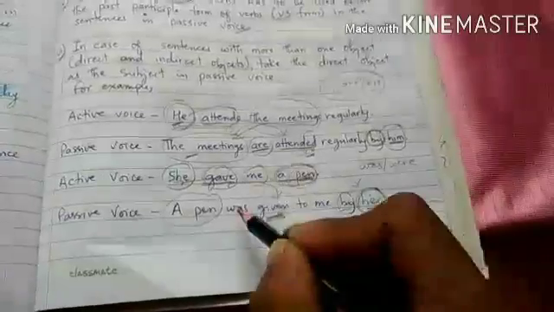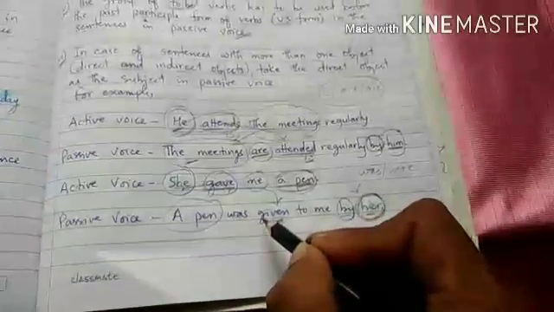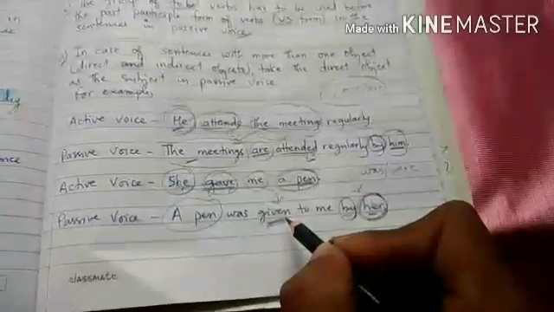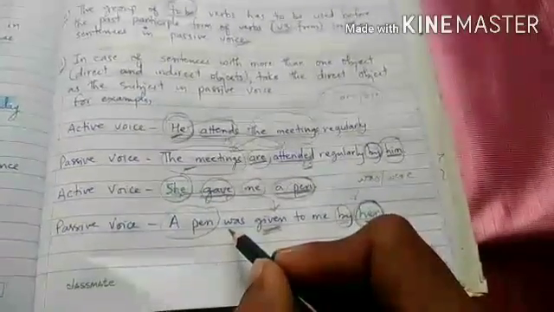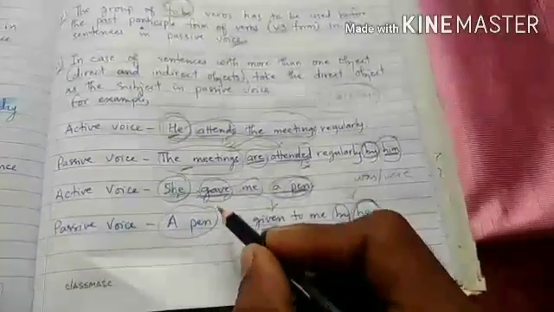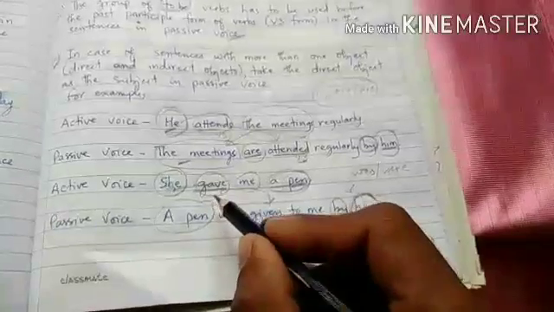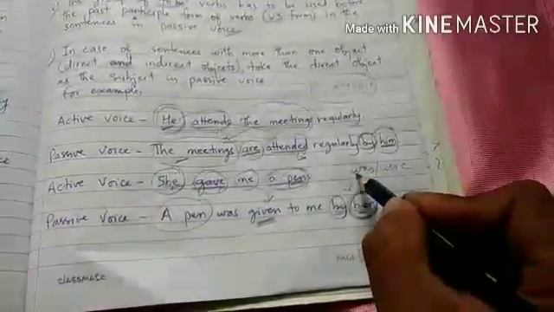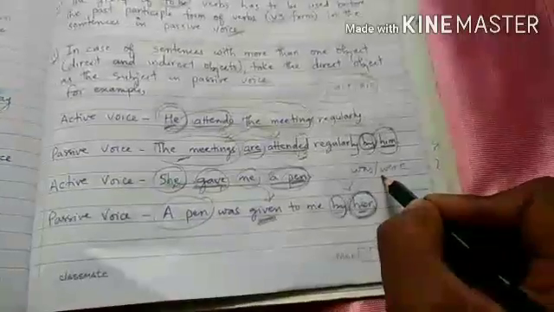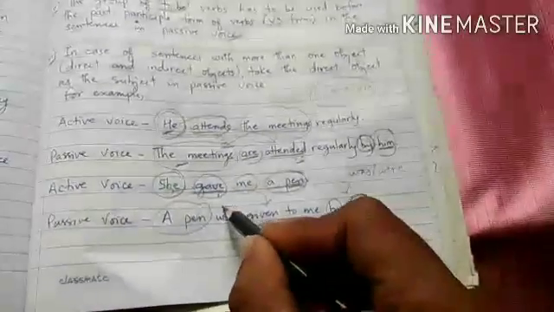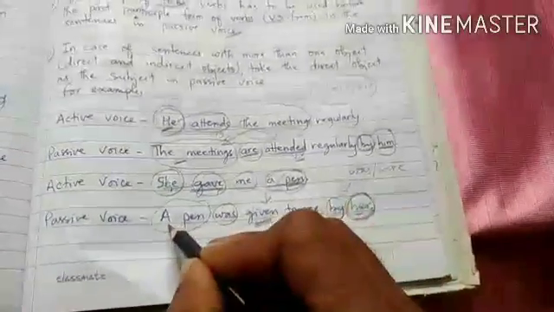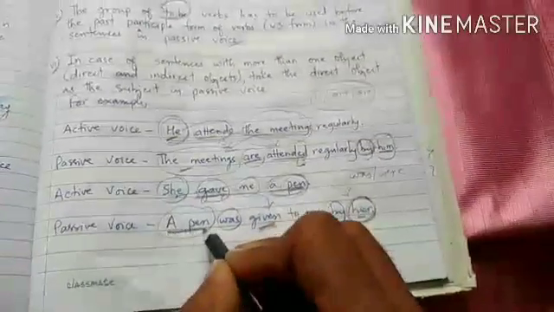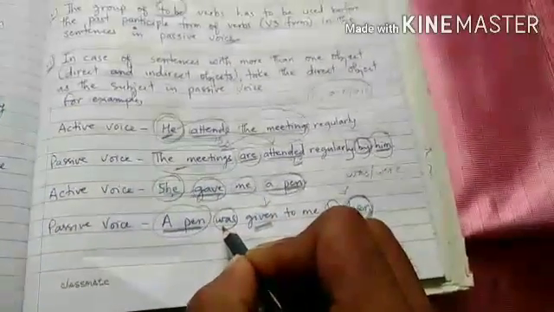Now another requirement is the use of to be verbs before the V3 form of the verb. So this sentence is in simple past tense. So when we change the sentences in active voice in the simple past tense into passive voice, we have to make use of either was or were. So we have used was here. Why? Because the subject pen is singular here. So was.